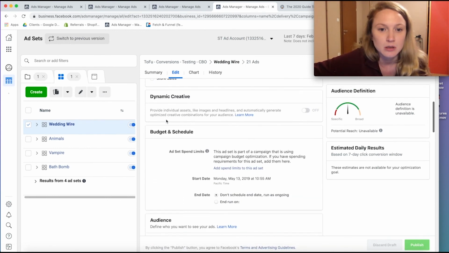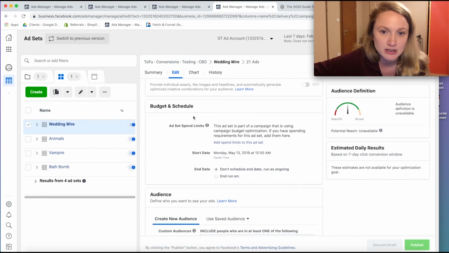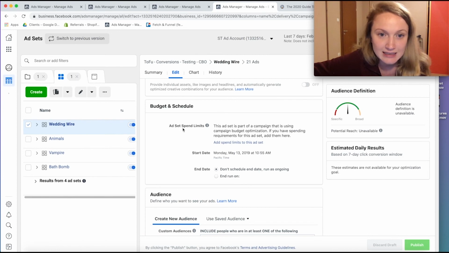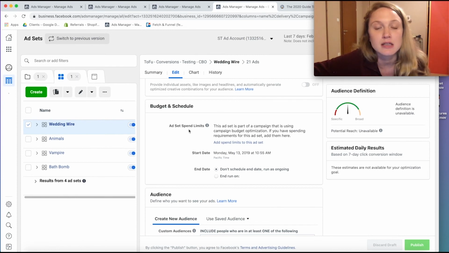And here at budget and schedule, this is normally where we would set the budget for ad set budgeting. But here you can actually set ad set spend limits. And what this means is you can make sure that this ad set spends a certain amount or doesn't go over a certain amount.